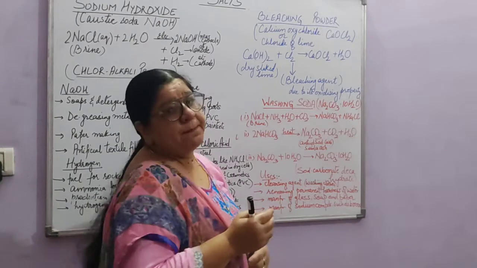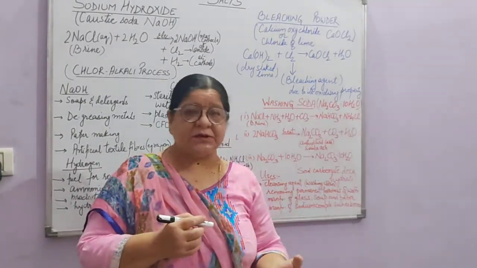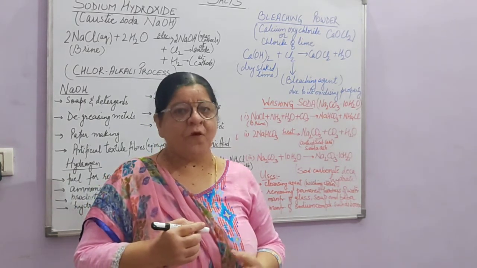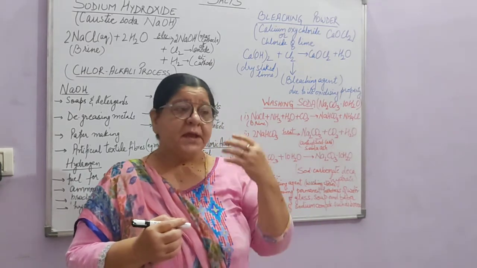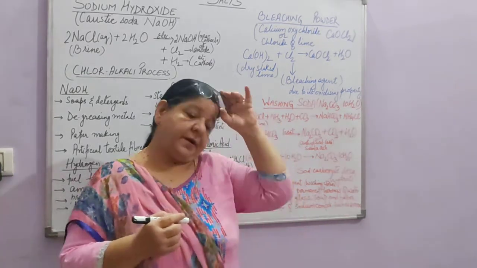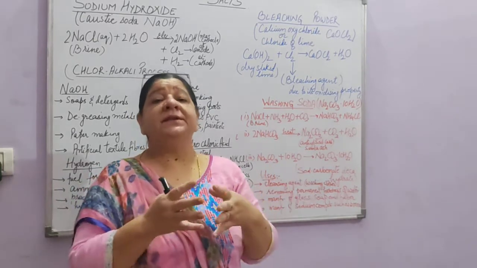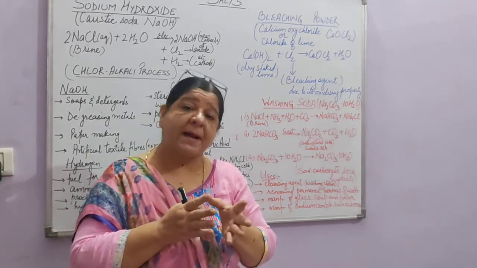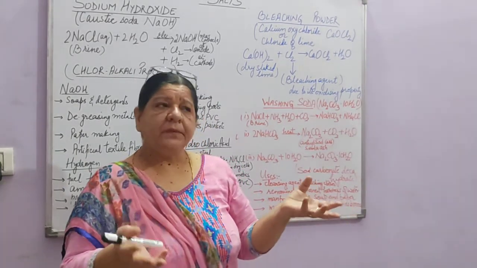So this bleaching powder is used in the textile industries for bleaching cotton and linen clothes. It is also used for more whitening of the clothes. Then it is used in the paper industries for bleaching of the pulp, so that you get white paper, right?